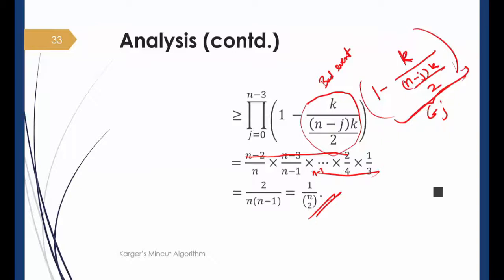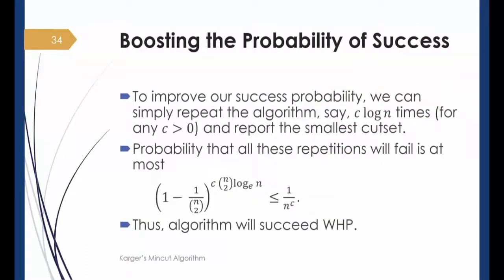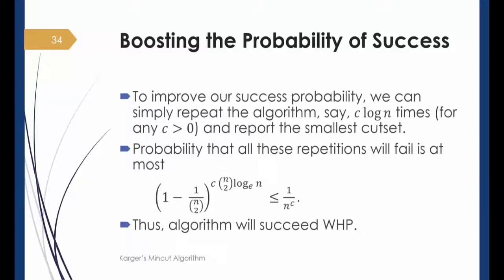What we are left with is that we need to boost the probability of success. 1 over n choose 2 is too small a probability of success, but it is not very difficult to boost this probability. We simply have to repeat the algorithm some c log n times n choose 2 number of times.